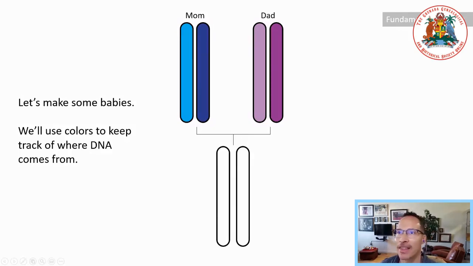Let's say that this is the mother and this is the father. Make a note that this light blue came from the mother's mother. The dark blue came from the mother's father. Similarly, this purple came from the dad's father. This one came from the dad's mother, and this one came from the dad's father. So let's see what happens when they make a baby after they do the obvious.